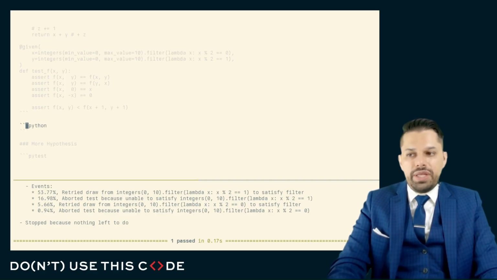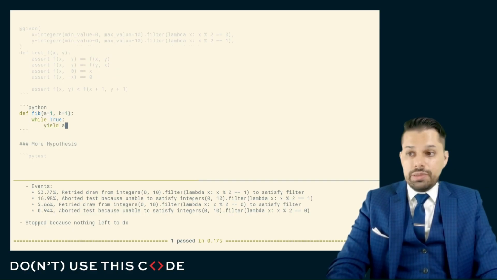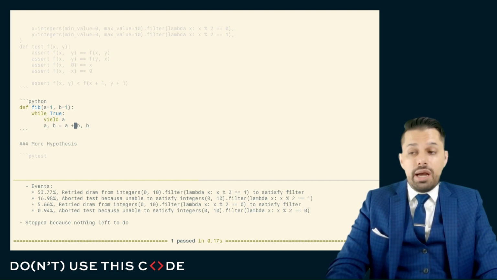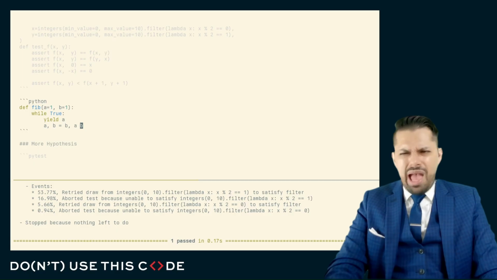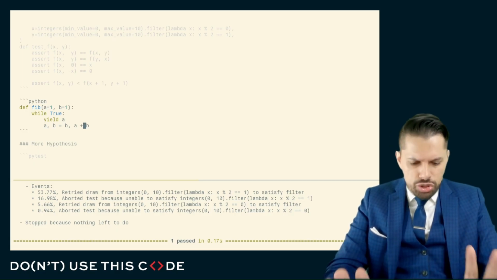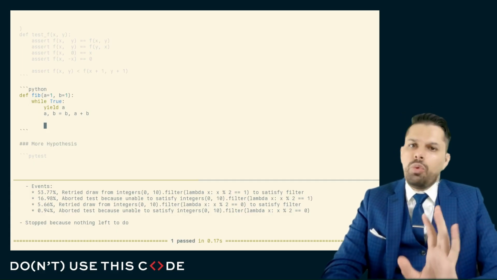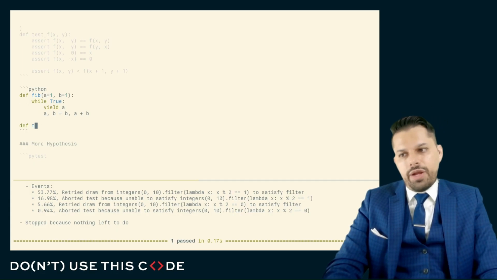If we go to something like our Fibonacci implementation, remember, we are going to yield an infinite sequence of Fibonacci values. Now, as a consequence of pure judgment, we may say there's a certain reasonability to what we can test here. This Fibonacci series is genuinely infinite. We cannot test infinite values in a finite amount of time.